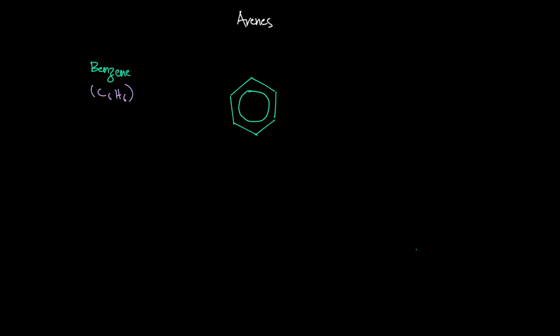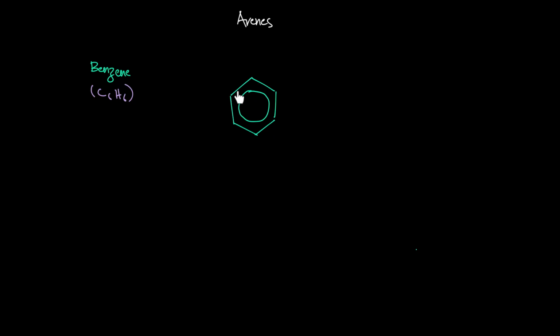So what does that tell you about the carbon atom? How many atoms is each carbon atom bonded to in total? If you look at this carbon atom, let's say, how many atoms would it be bonded to?